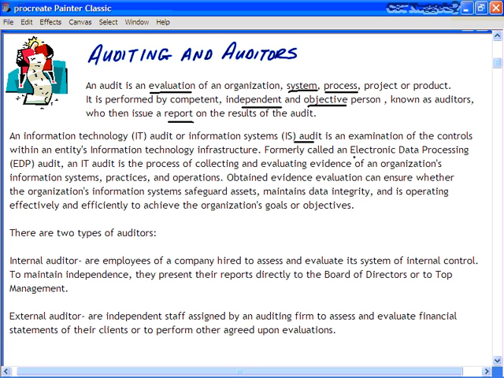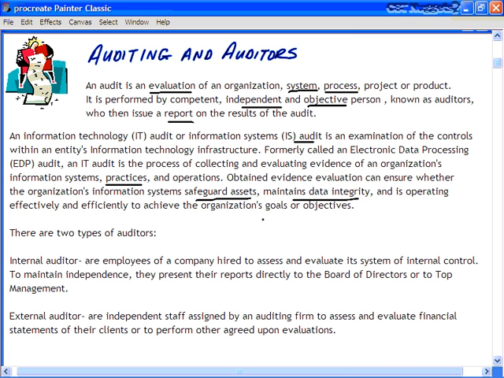But the IT audit is collecting and evaluating evidence of an organization's information system, of their operations and their practices, their policies and their procedures. We gather this evidence to evaluate if the organization's information systems are properly safeguarding their assets, are they maintaining data integrity, and are they operating efficiently and effectively to reach the organization's either business goals or nonprofit goals. That is the basic idea of what an auditor does.